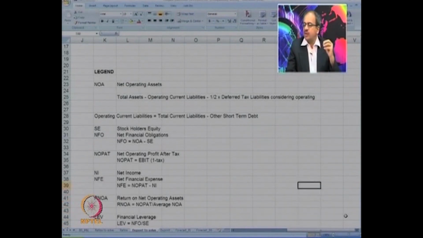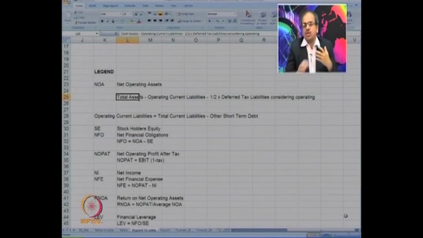So, NOA refers to net operating assets, where we are trying to find the total assets minus operating current liabilities minus half of the deferred tax liabilities, considering them as operating. So, the idea is, what are the assets which are really used for operations. So, from the total assets we remove the operating current liabilities and also remove half of the deferred tax liabilities to get the NOA.